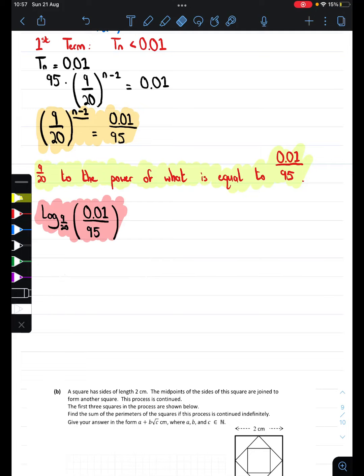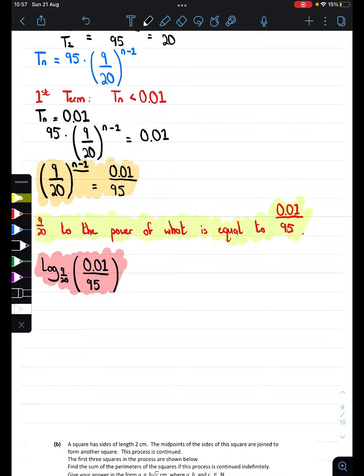So instead of taking log of both sides of our equation here, we can just rewrite this as log base 9 over 20 of 0.01 over 95 is equal to n minus 1, because the log is asking 9/20ths to the power of what is equal to 0.01 over 95.